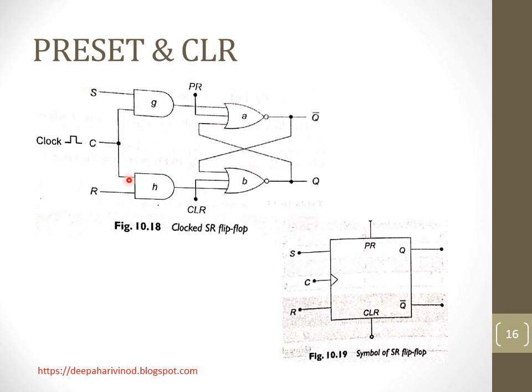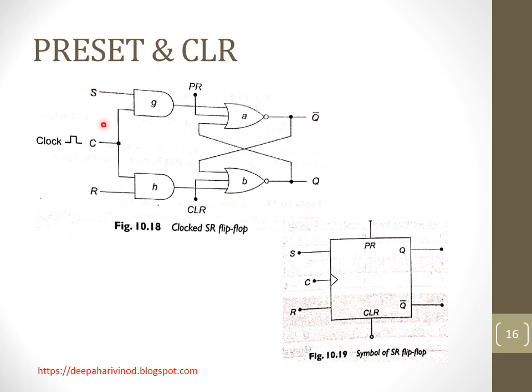Whenever one input of an AND gate becomes 0, the output of the AND gate will be 0. So Q output cannot change. In this case, Q output will not change. The latch is now non-operational.